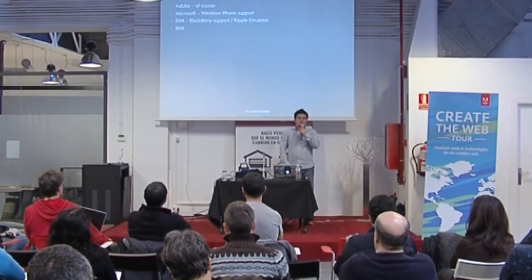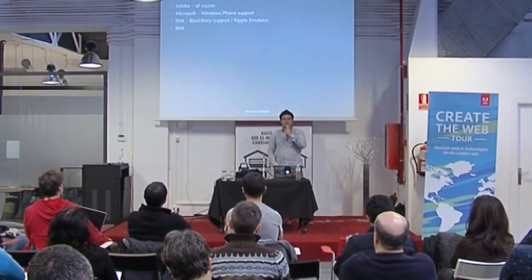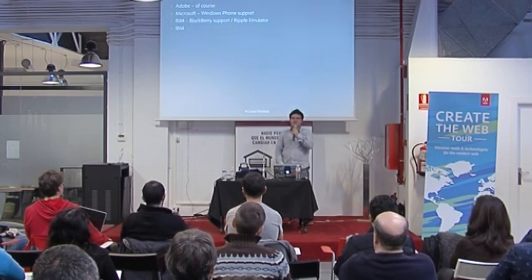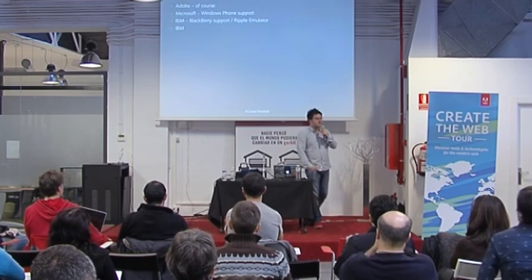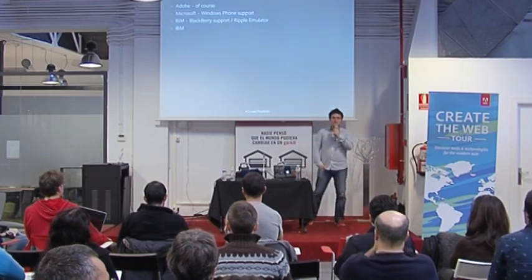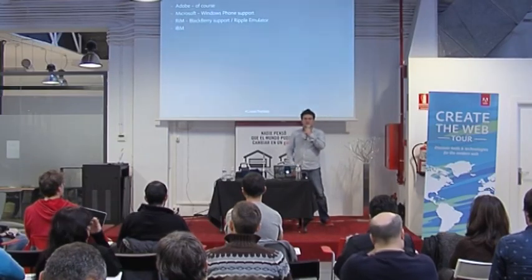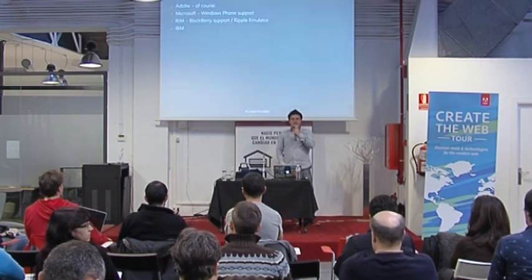Who's working on PhoneGap and Apache Cordova? Obviously Adobe. We bought the Canadian company that started the PhoneGap project last year. And once we bought the company, we donated the code to the Apache Foundation. And this is where Apache Cordova comes from. It's the name of the open source project that is hosted at the Apache Foundation.